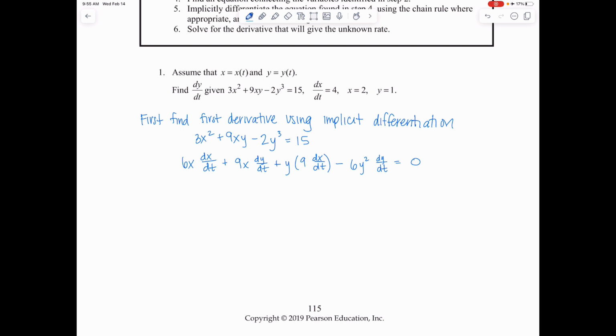So x is 2, dx/dt is 4, 9, x is 2, dy/dt is what we're looking for, plus y is 1, 9, dx/dt, 4, minus 6, y is 1, squared, dy/dt equals 0. So we have everything plugged in.